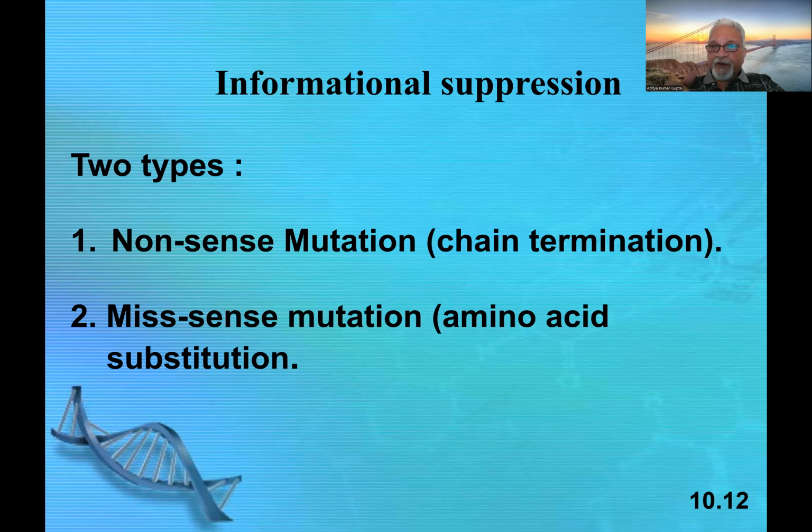So you get, as a consequence, a premature or half protein made, which is non-functional. And then you have missense mutation. Missense mutation is an amino acid substitution. The original amino acid, because of a point mutation, is changed to something else, and that results in a changed phenotype. So informational suppression has two types: nonsense mutation, which we call chain termination, and missense mutation, which we call amino acid substitution.